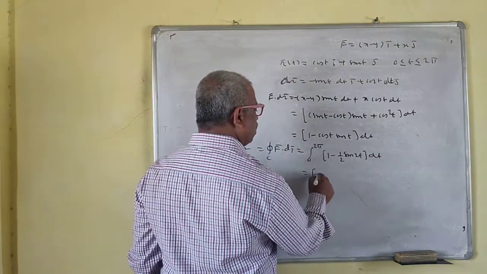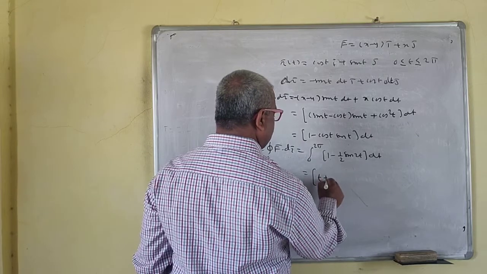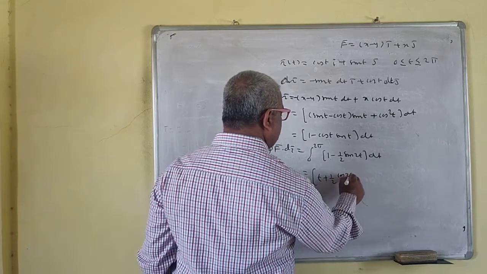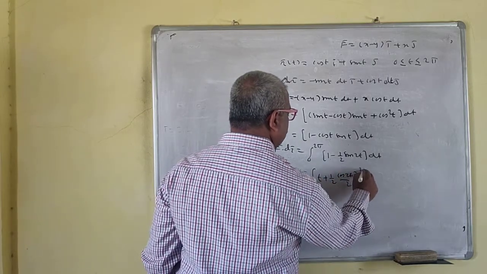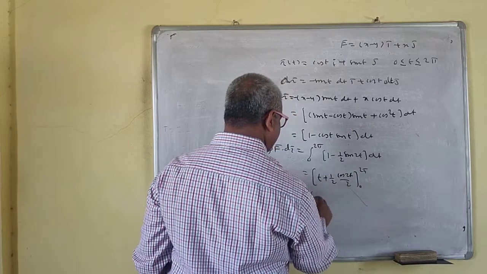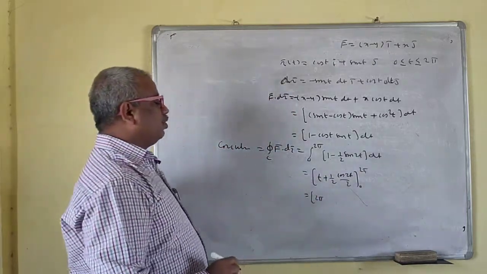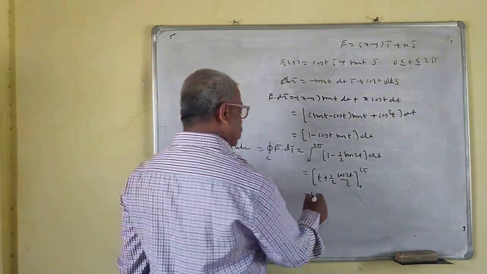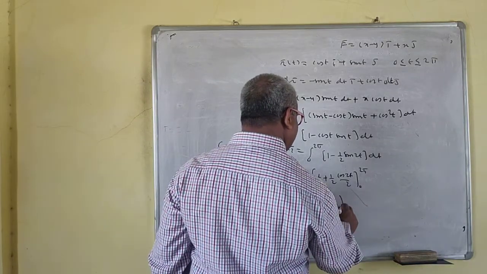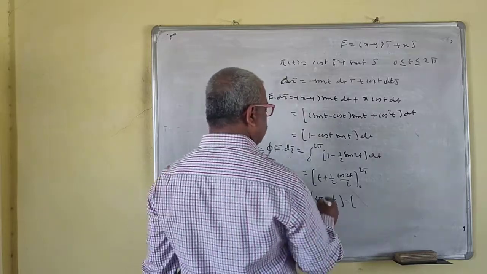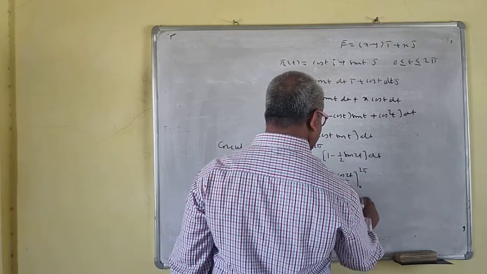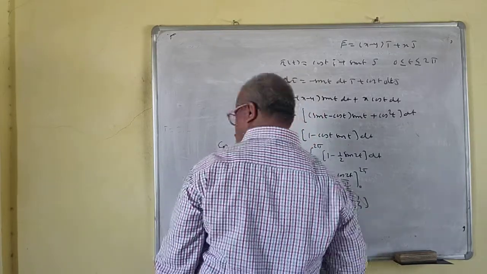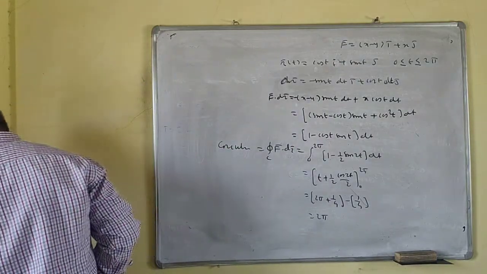So this is t plus 1 half cos 2t upon 2, from 0 to 2 pi. So this is 2 pi, and cos 4 pi is always 1, so this is 1 by 4 plus 1 by 4 minus 0. Cos 0 is 1, so this is 1 by 4. So the value is 2 pi.